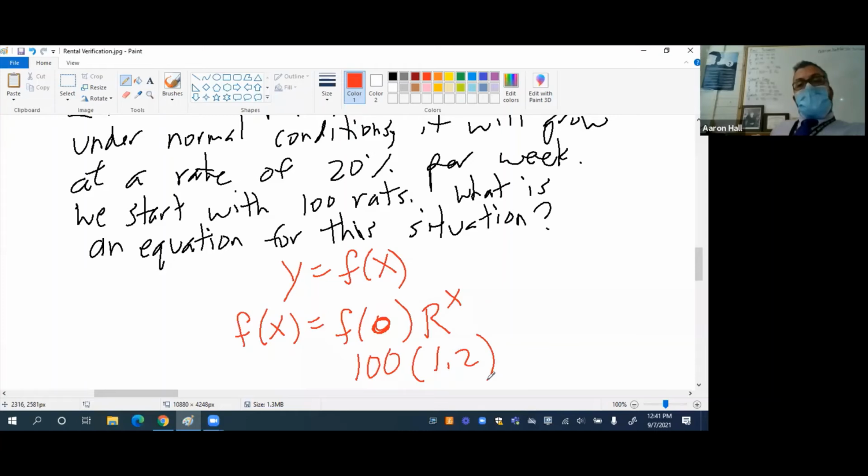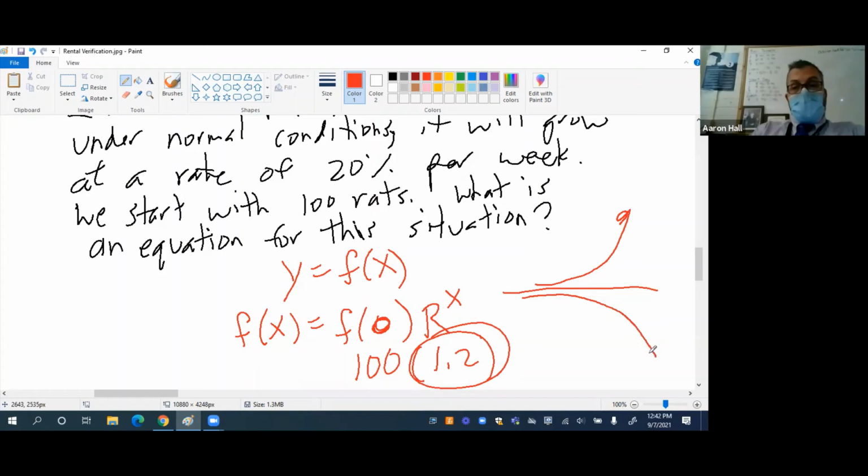Nothing changes. If my multiplier is greater than 1, then what happens? Exponential growth. If my multiplier is less than 1, then it is exponential decay.